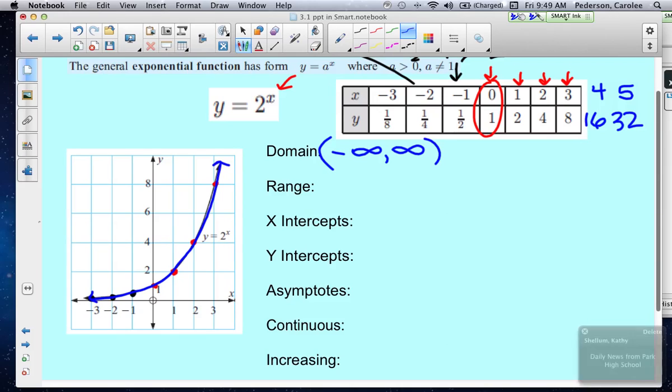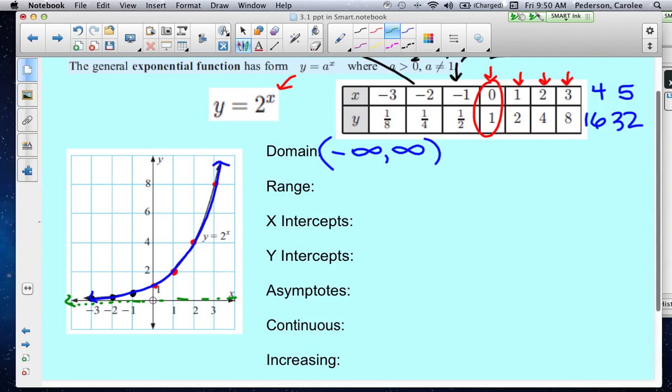The range. What type of numbers are plugging in, but what do we get out after we plug those in? Is there anything going on with the y values that is restricting that? Is there an asymptote in this graph? Yep. There is an asymptote as this curve goes in the negative direction. There's an asymptote right here.